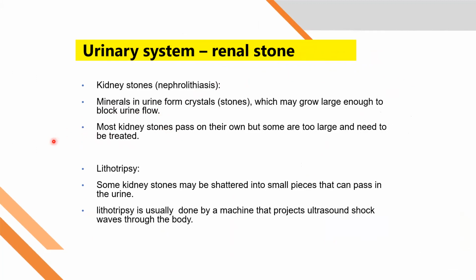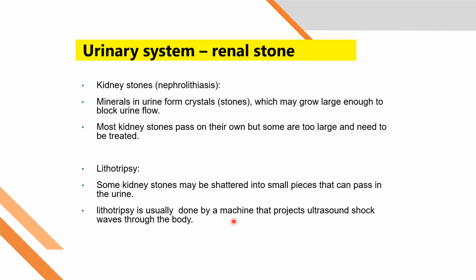Most kidney stones pass on their own, but some are too large and need to be treated. Lithotripsy is one of the procedures that can shatter the kidney stone into small pieces, so that the small pieces broken up by lithotripsy can pass in the urine.